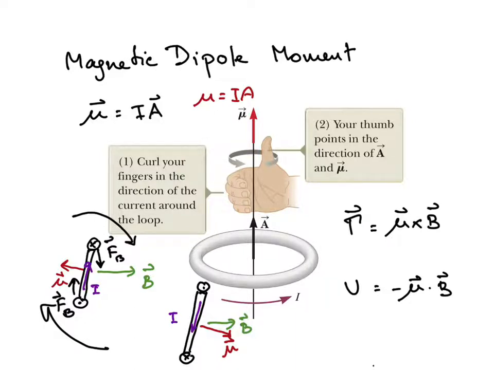You will have the magnetic force pointing in this direction, F_B, right?